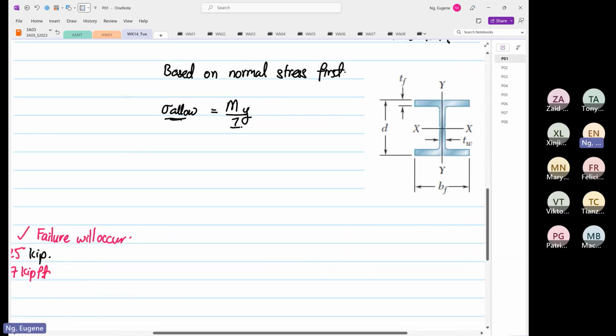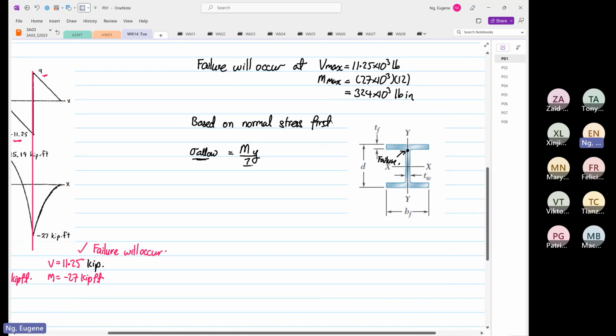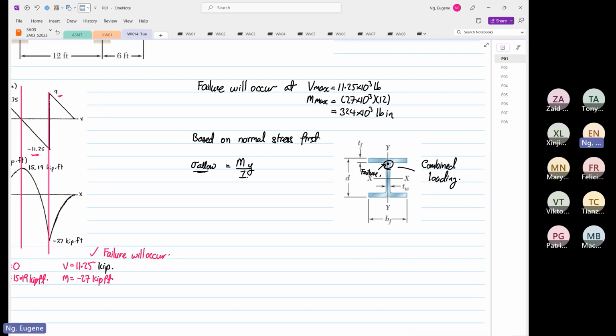However, we know failure will occur here. We understand that failure will occur there, but that is when we have combined loading. For now, we just focus on normal stress, which is induced by My over I.